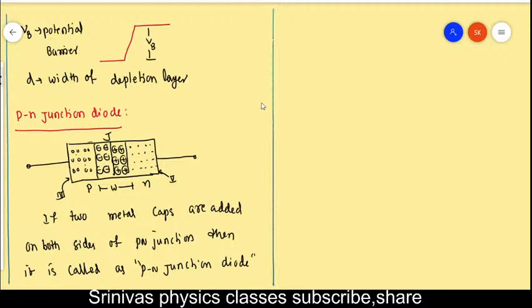Now you see here, what is the symbol of the PN junction diode? This is the symbol of the PN junction diode. You should remember it.